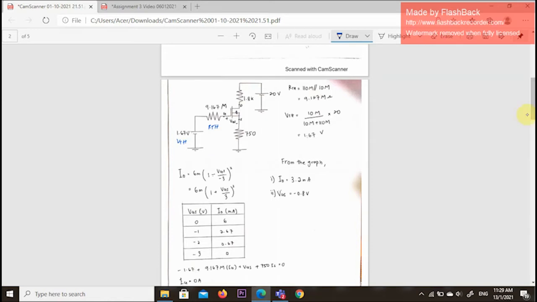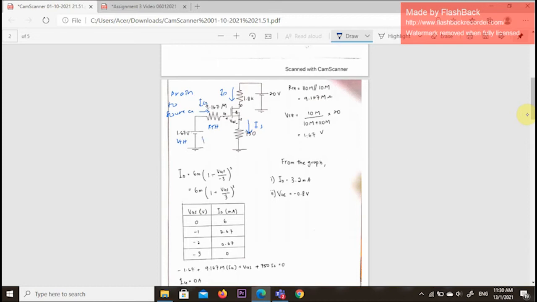So when the circuit is N-channel, the current flows from drain to source. So the current flows here. This is ID, this is IS, and this is IG. The VGS is in here.